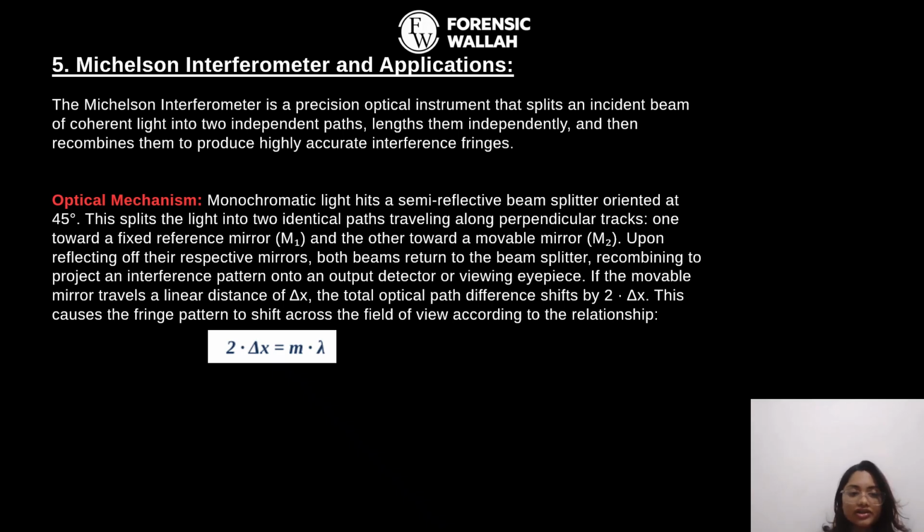If the movable mirror travels a linear distance of delta x, the total optical path difference shifts by exactly twice the amount, or 2 times delta x. This causes the fringe patterns to shift across the field of view according to the relationship. This allows us to track physical movements with a precision equal to a fraction of a single wavelength of light.